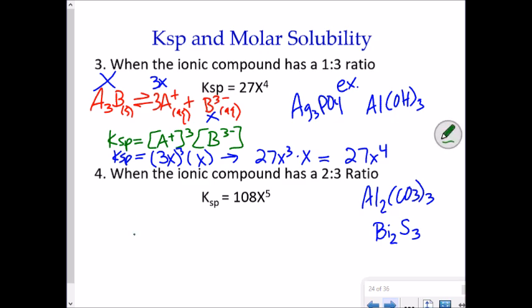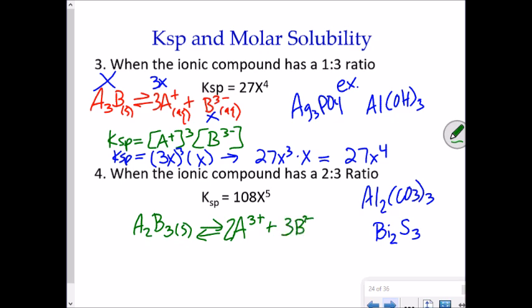So A2, B3, got S on the brain, breaks apart, we get A, which is going to be a 3 plus, 2 of them, and 3 of the B minus 2s, B minus 2, aq, and so for every one of those, we're going to get 2 of these and 3 of those.